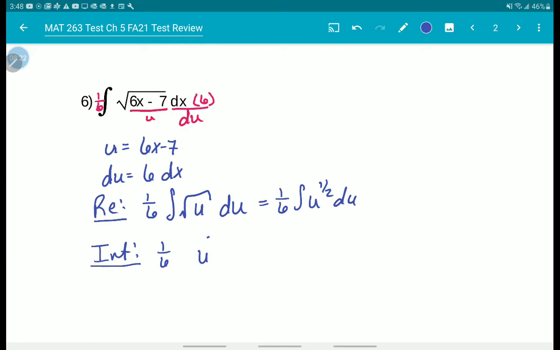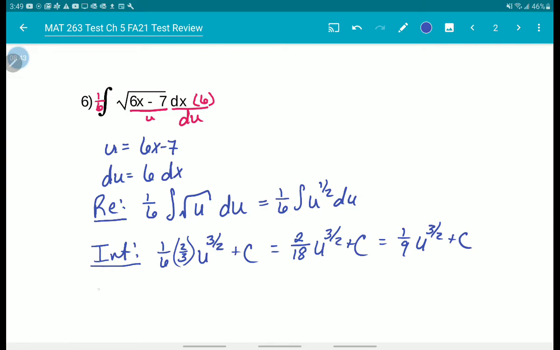So we're going to add 1 to the exponent, divide by the new exponent, which is the same as multiplying by the reciprocal. Simplify. This is 2 over 18, u to the 3/2 plus c. And that's the same thing as 1/9 u to the 3/2 plus c.